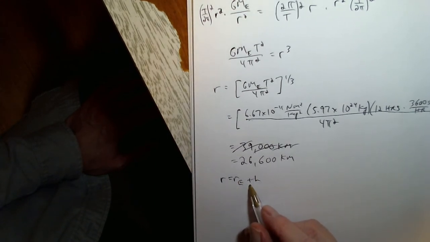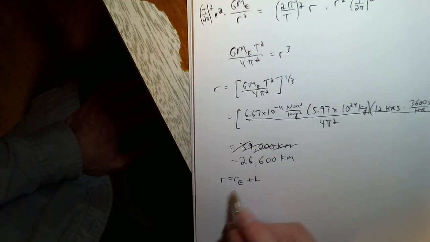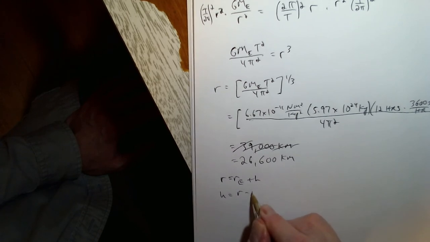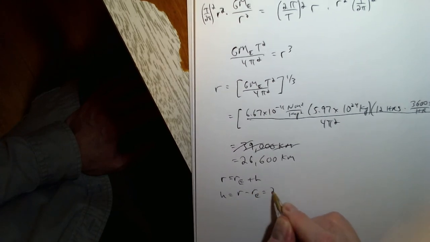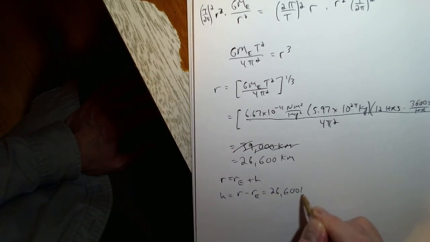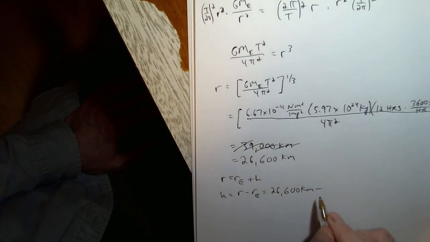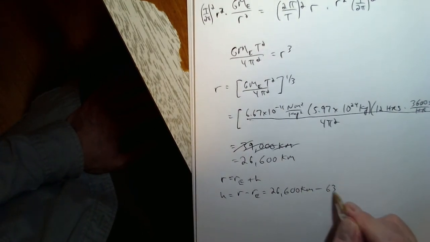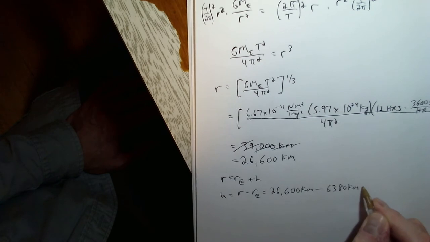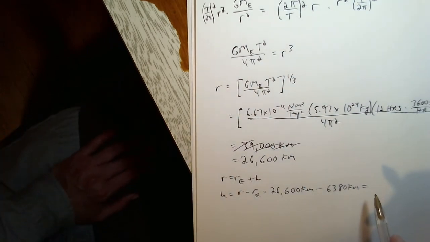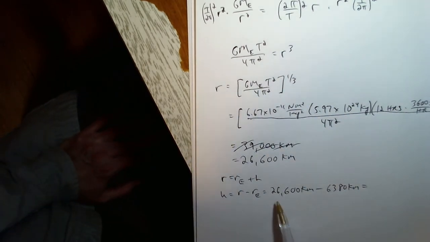So if I subtract the radius of the Earth from both sides, I get that the height is r minus the radius of the Earth, which is 26,600 kilometers minus the given radius of the Earth, 6,380 kilometers. I'm going to round it to just 1 sig fig. If I subtract 6,380, I get 20,220 kilometers.